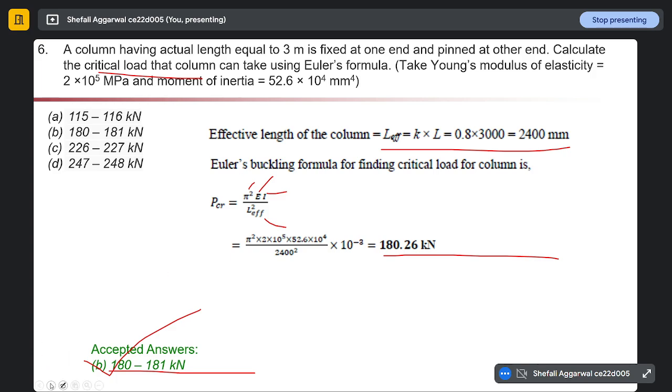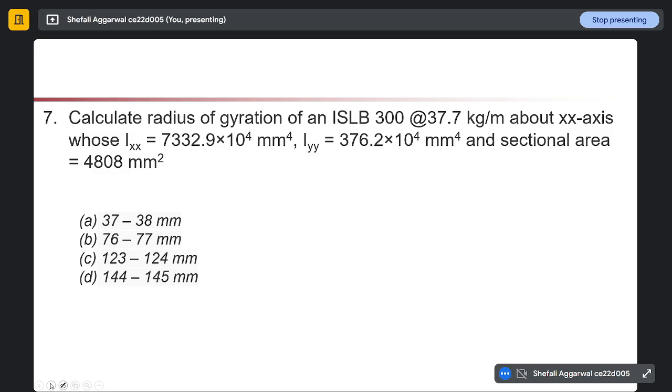Then we'll go to the next question. Calculate the radius of gyration of an ISLB 300 at 37.7 kg per meter about the x-axis, whose I-xx is given by this value, I-yy by this value, and area as 4808 mm². How will you calculate this?